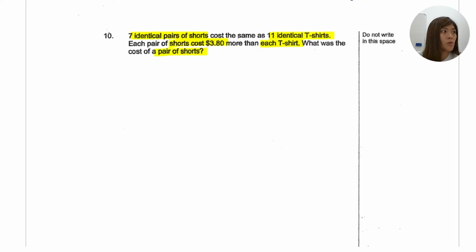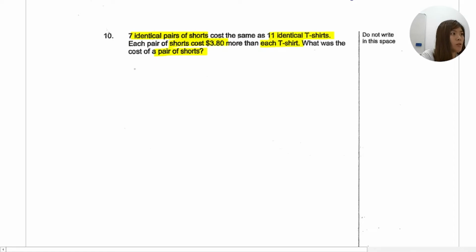Okay, to do this, first we will just write down: 7 shorts is equal to 11 t-shirts. And you know that each pair of shorts costs $380 more than each t-shirt.